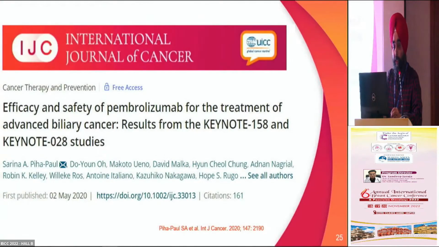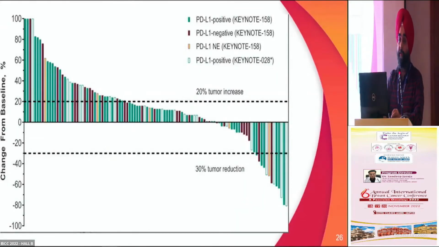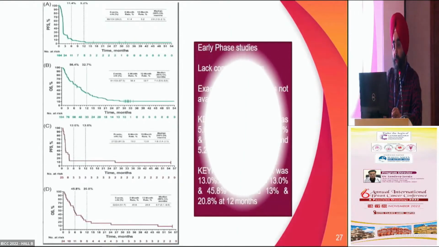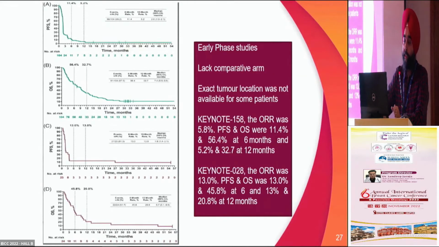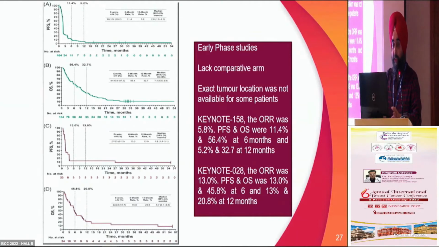This was one of the early studies, on the efficacy and safety of pembrolizumab in the treatment of advanced biliary cancer, in patients who had already received 2 or more lines. In this, it has been seen that there is some sort of response in patients who are PD-L1 positive as compared to PD-L1 negative. These were both early phase studies and they don't have any comparative arm, and in these studies the exact tumor location was not available for some patients.